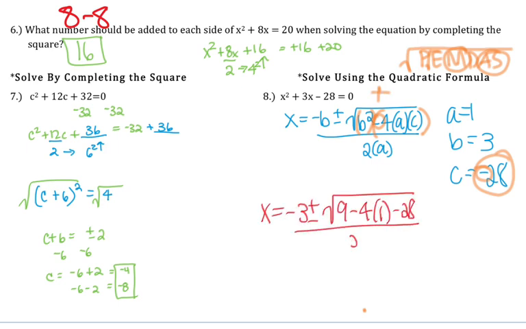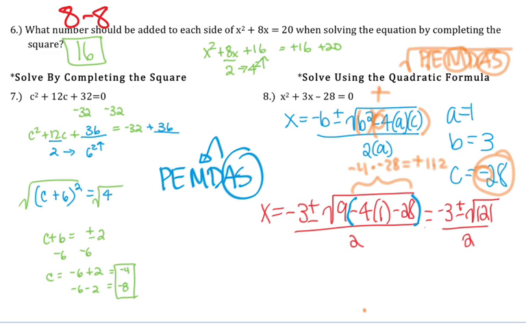So I go ahead and substitute in, and I get negative 3, that's my b value, plus or minus the square root of 3 squared, which is 9, minus 4 times a, which is 1, times c, which is negative 28. And negative 4 times negative 28 is positive 112. So I add that to 9, again, I must multiply before I add.